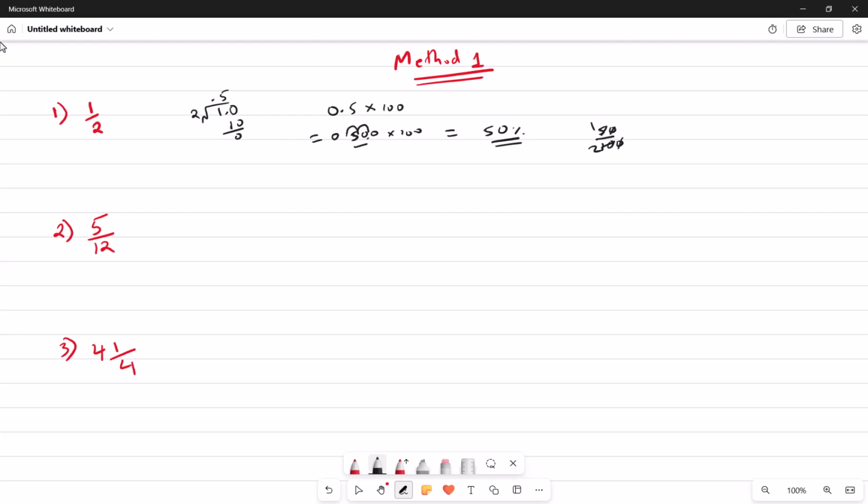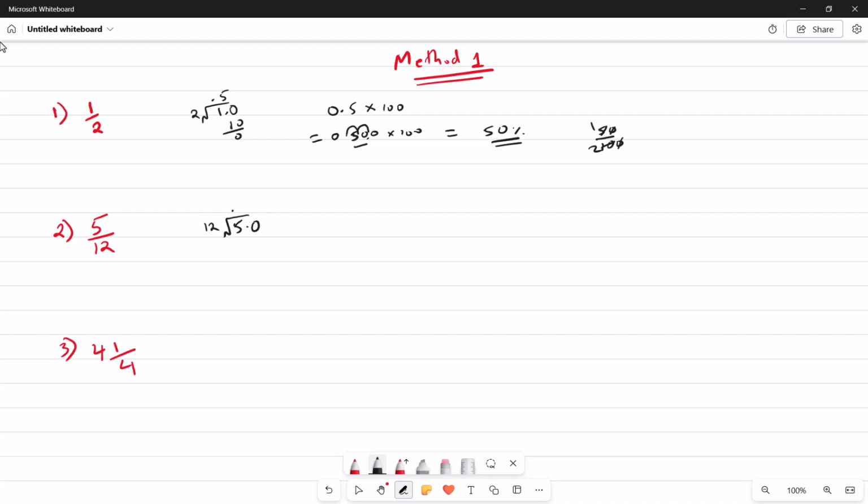Okay, now let's solve our second one, 5 out of 12. We're going to do the same thing first. Step 1 is we simply divide it and convert it to a decimal. So 5 divided by 12. Since we can't divide 5 by 12, we add a decimal here and a 0 here.